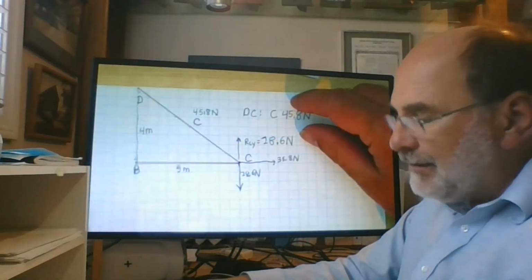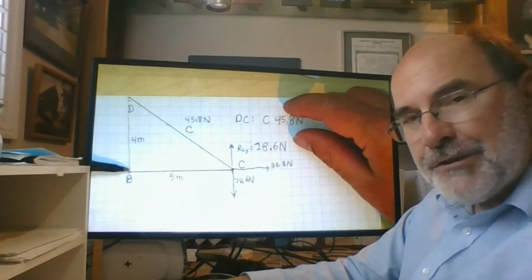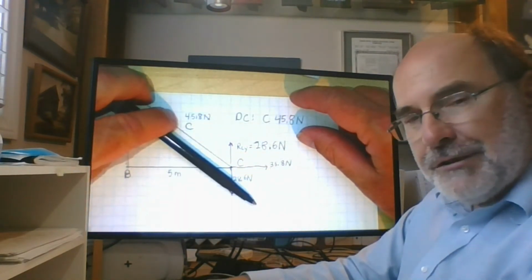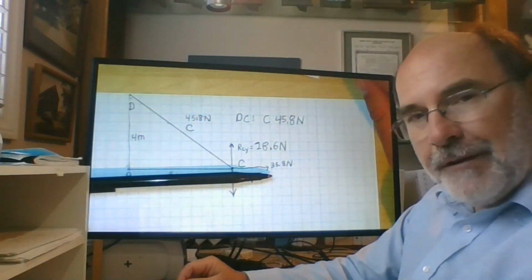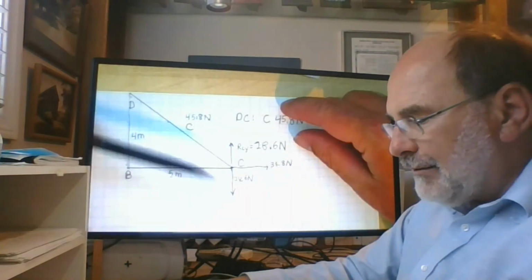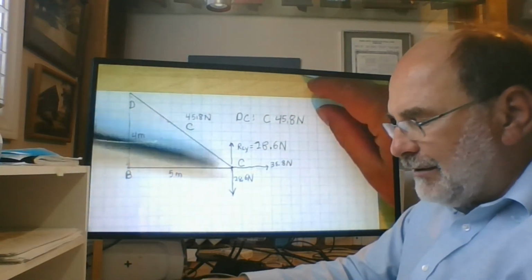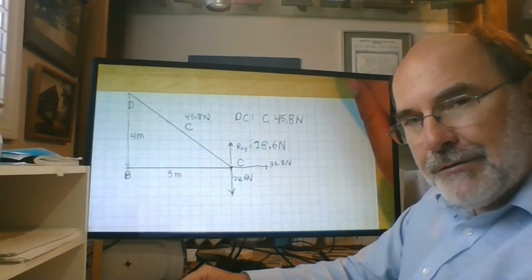The side effect, because it's on a ratio of 4 vertical to every 5 horizontal, is not only is it pushing down, but it must be pushing to the right with a magnitude of 35.8 newtons. And by Pythagorean's theorem, that means member DC is acting under compression with a magnitude of 45.8 newtons.